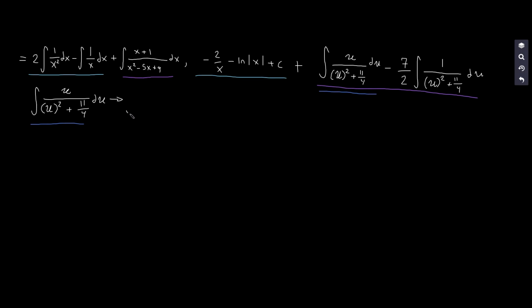To fix this, we can multiply the top and the bottom of the integral, so we multiply by 2 and divide by 2 simultaneously. So we have u over u squared plus 11 over 4, integration with respect to u.